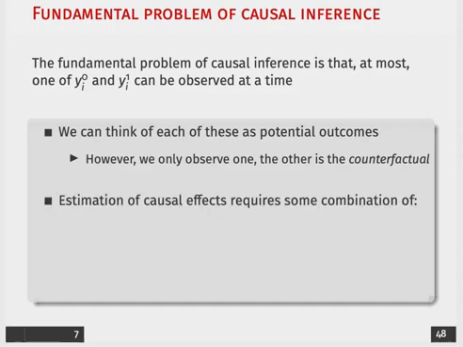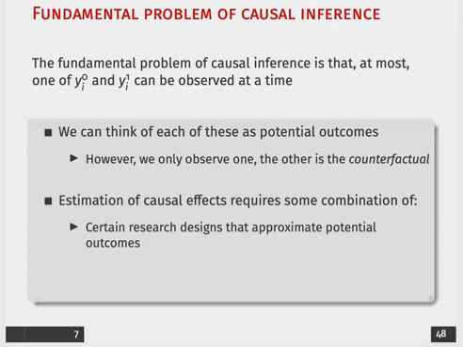This is going to require some fancy footwork with regard to the way that we estimate that causal relationship, right? There are going to be certain research designs that can only approximate the potential outcomes.